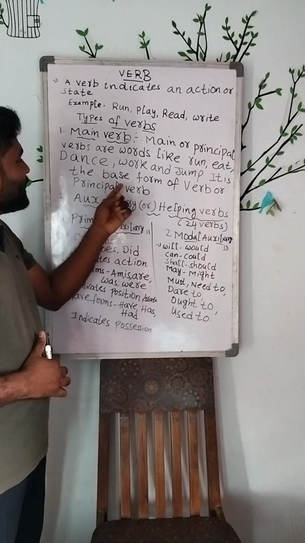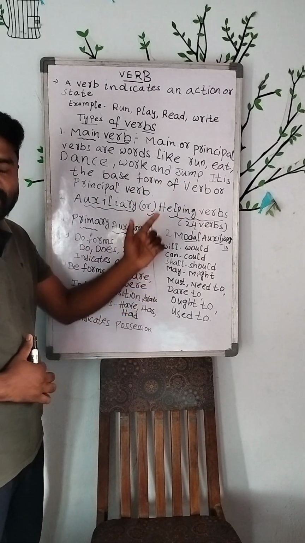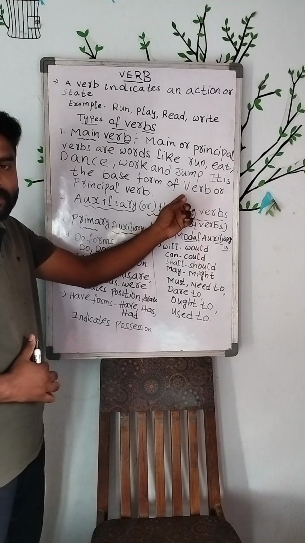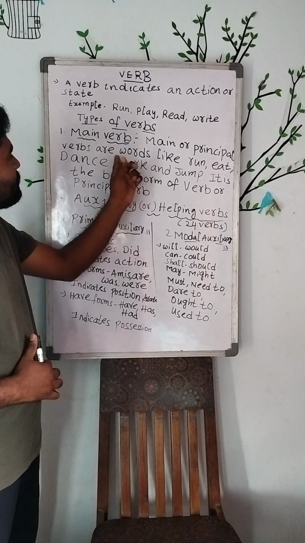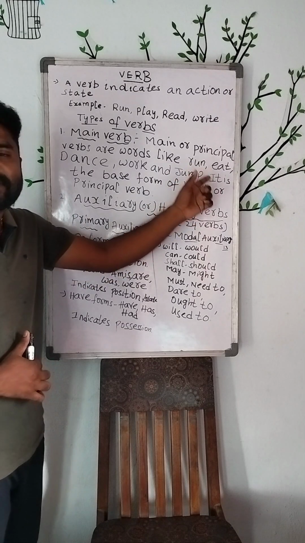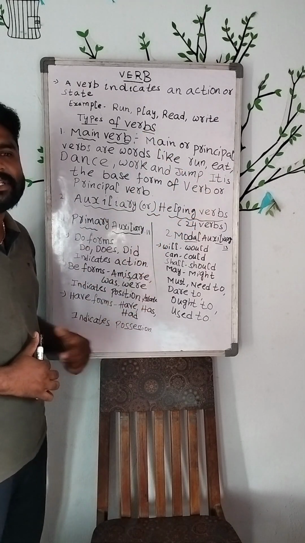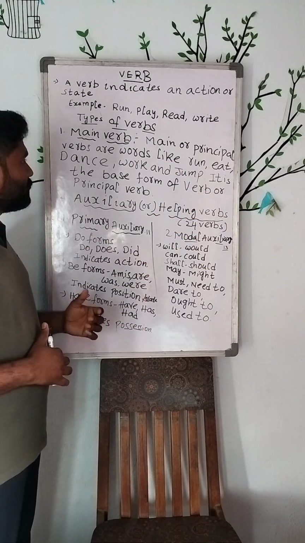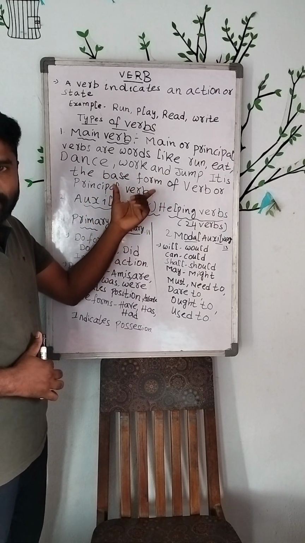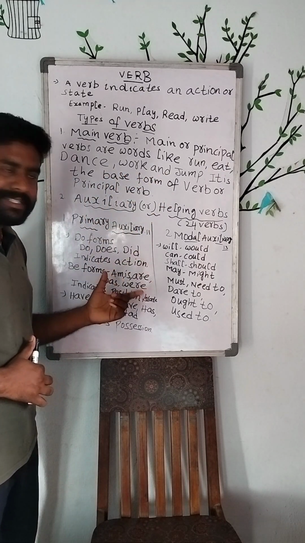It is the base form of a verb. These are the main verbs: run, eat, dance, walk, jump, etc. So these main verbs show an action, and they play an important role in a sentence.